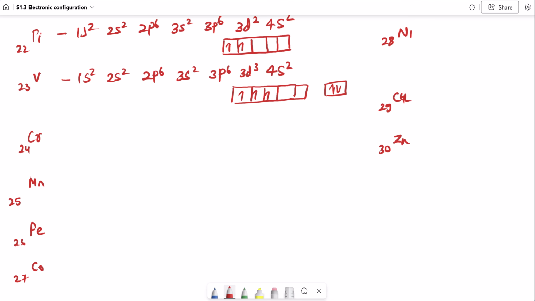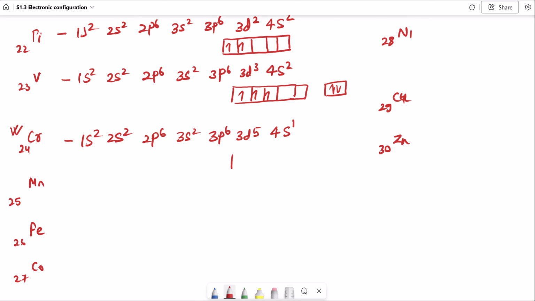Let's see the next. This is important. So this is 1s2, 2s2, 2p6, 3s2, 3p6. This will be 3d5 and this will be 4s1.